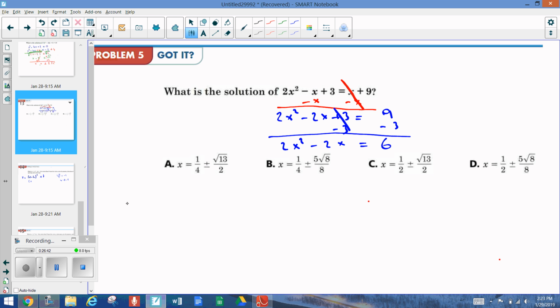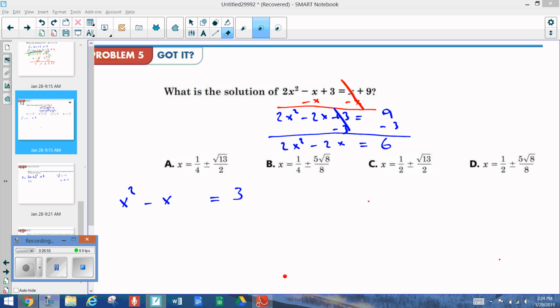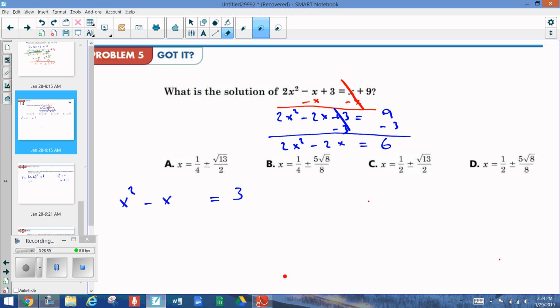So x squared minus x, leave a little bit blank because we're going to make it a perfect square, is equal to 3. Okay, now what was the rule? B over 2. B in this case is negative 1. B is negative 1 over 2 parentheses squared.